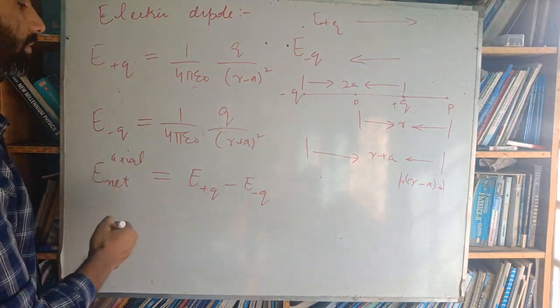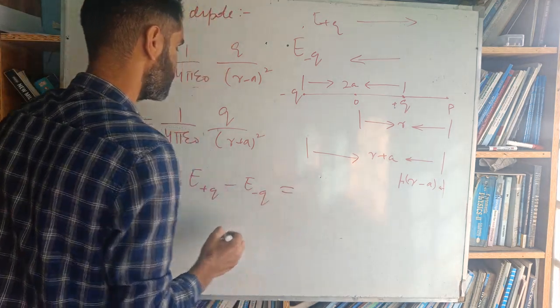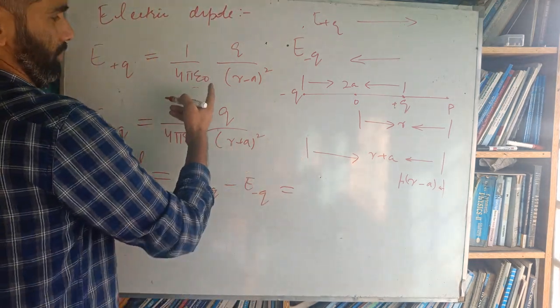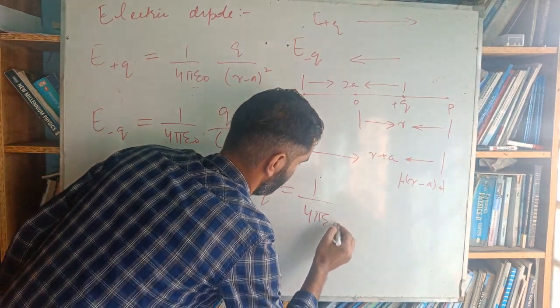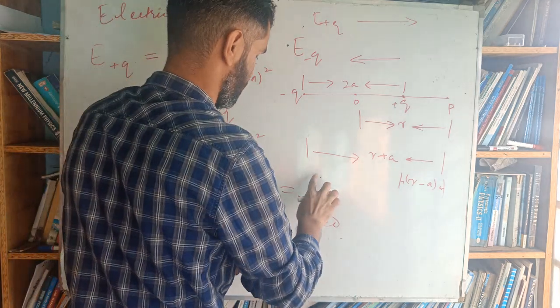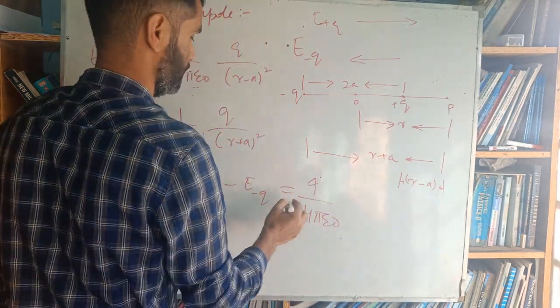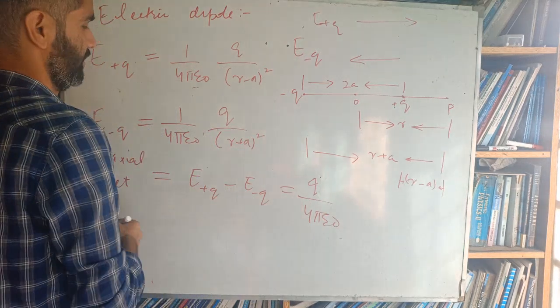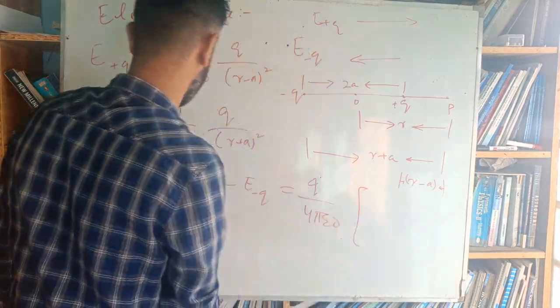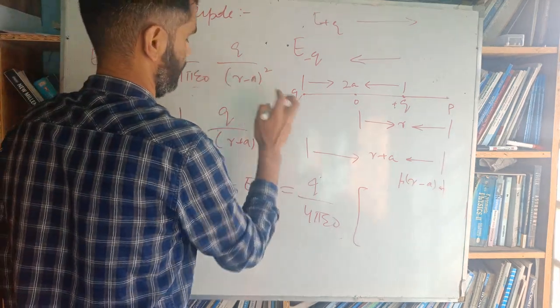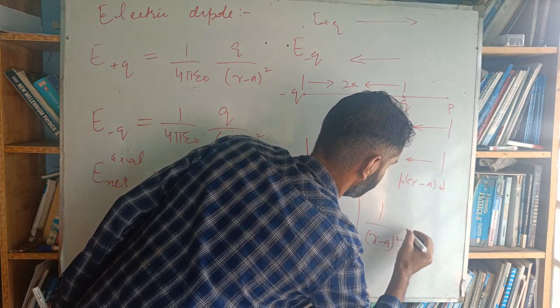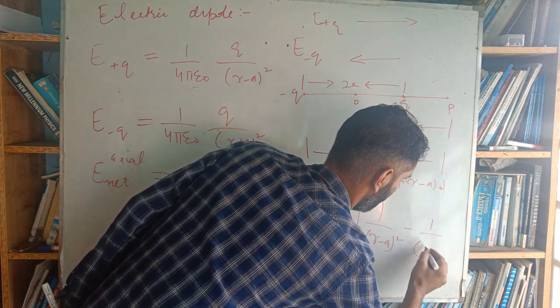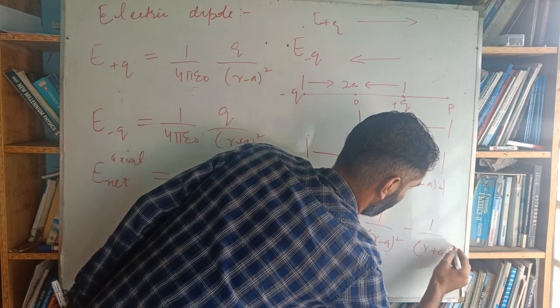This will be the net electric field intensity at point P. So I will take q over 4 pi epsilon naught as common, and I am left with 1 over r minus a whole square minus 1 over r plus a whole square.